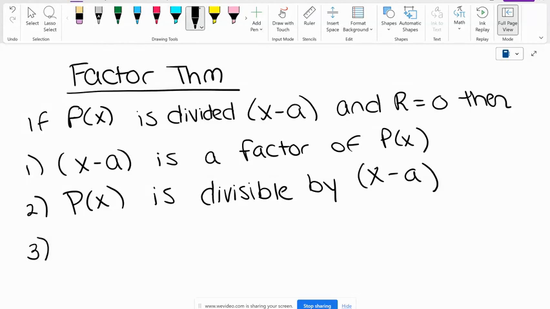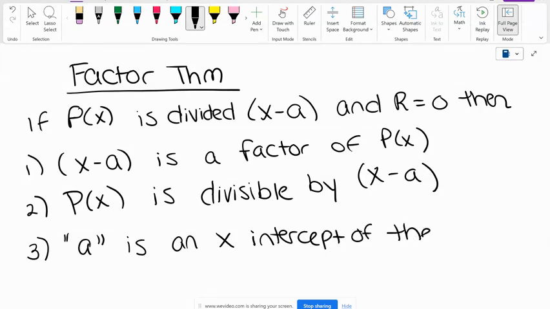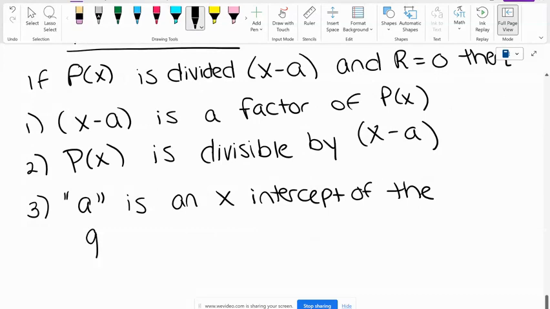All right, some new things. A is an x-intercept of the graph of P of X. So that means whatever that A value is, our graph will cross that number on the x-axis. That's what it means when it says it's an x-intercept. Right? And there's other words for that.